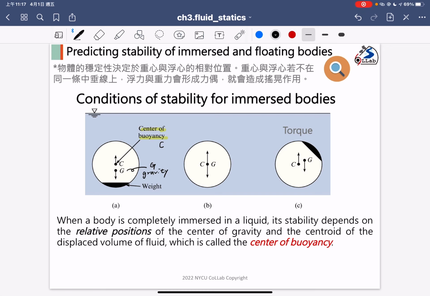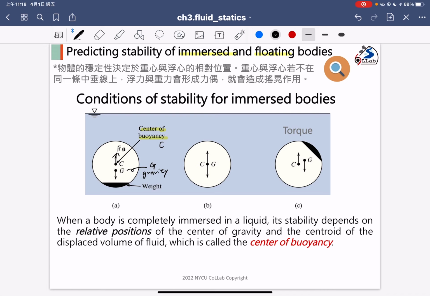And sometimes we have two conditions. The first one is immersed, and the second one is floating. We only have these two conditions, and we are trying to predict the stability of the bodies. As shown here, the first one, you can see C is the buoyant force, so we have the upward force.